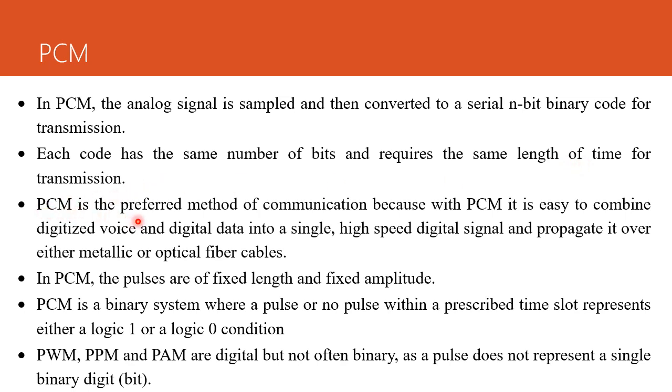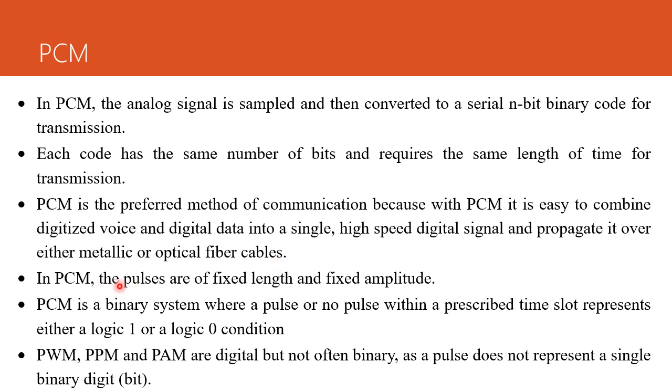PCM is the preferred method of communication because with PCM it is easy to combine the digitized voice and digital data into a single high-speed digital signal and propagate it over either metallic or fiber optical cables. So the communication channel between the PCM transmitter and the PCM receiver can be either a metallic cable or a fiber cable.